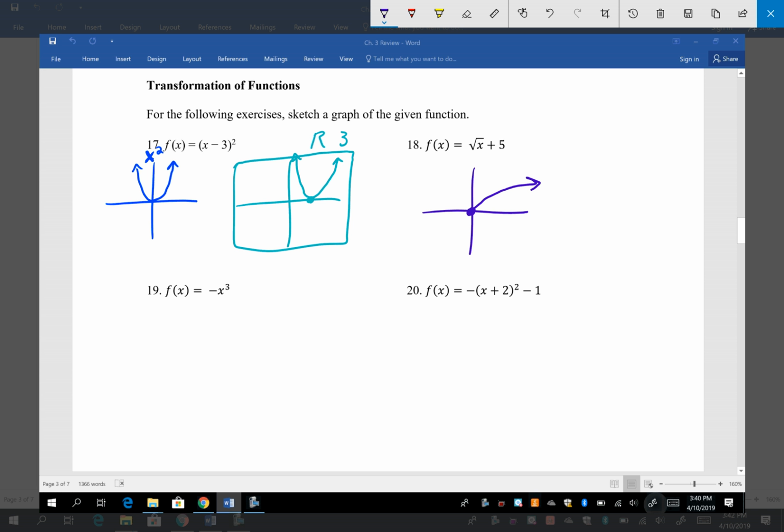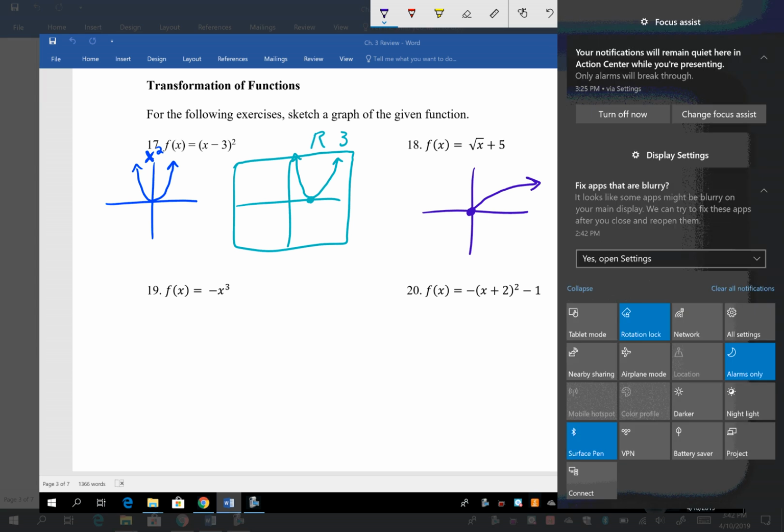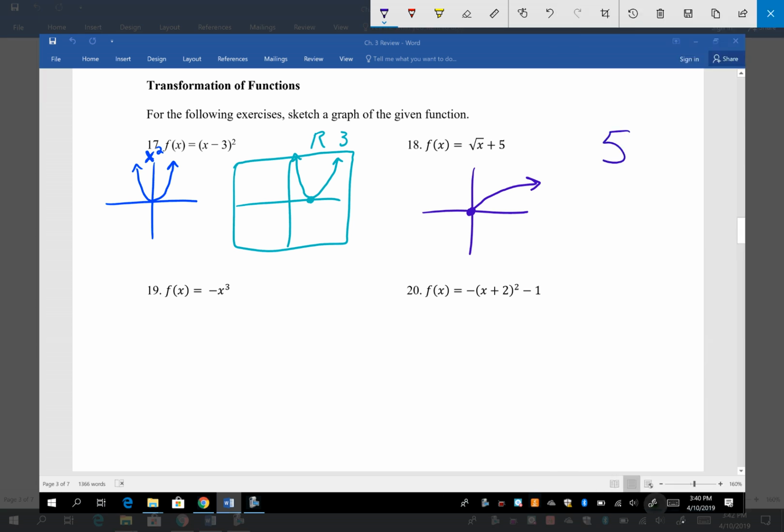Now you'll notice, does it have the plus or minus? It doesn't have plus or minus, so it's just that piece, which makes it a function. But it's not just the square root of x. It says plus 5 outside the radical. So that's 5 up. When I sketch the real one, it's going to be up here.